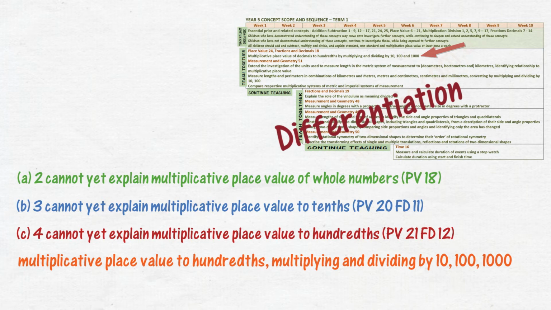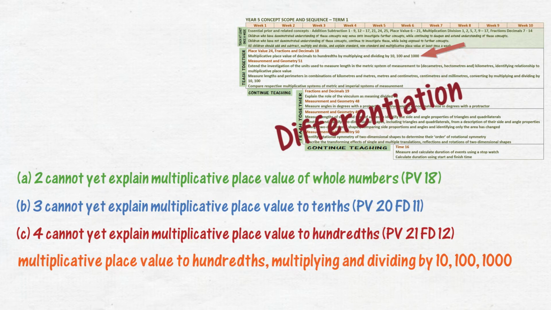All students can engage in the explicit teaching segment of the lesson that includes A, multiplicative place value of whole numbers, B, multiplicative place value to tenths, C, multiplicative place value to hundredths, and multiplicative place value of decimals to hundredths by multiplying and dividing by 10, 100 and 1,000.